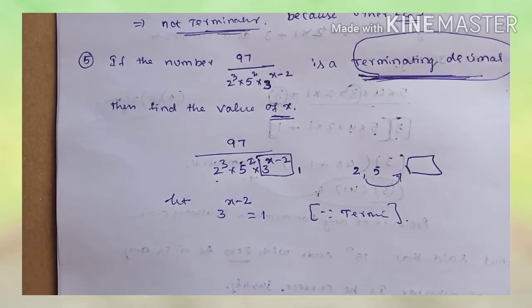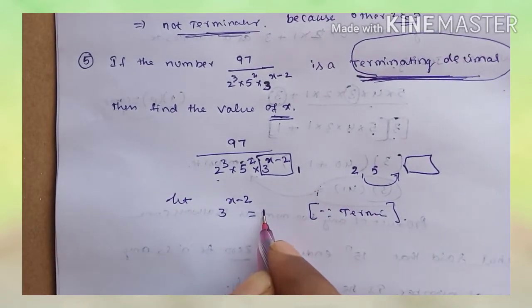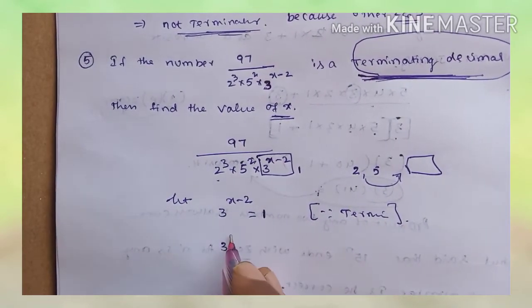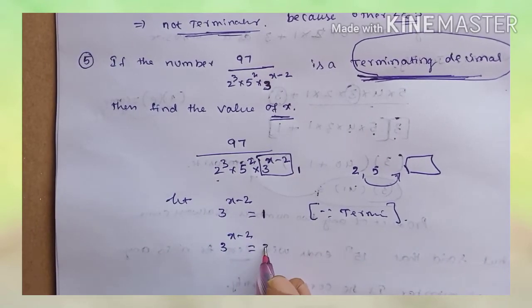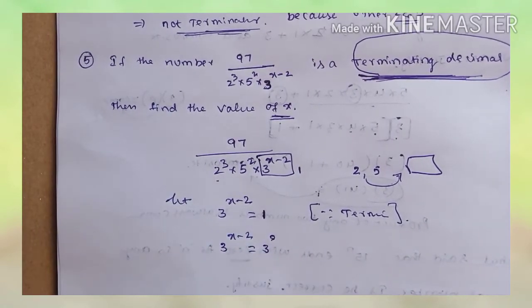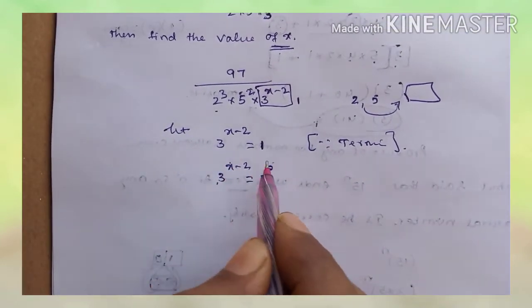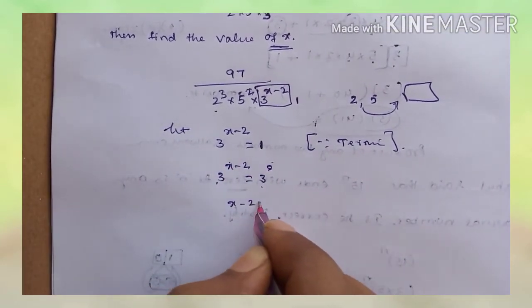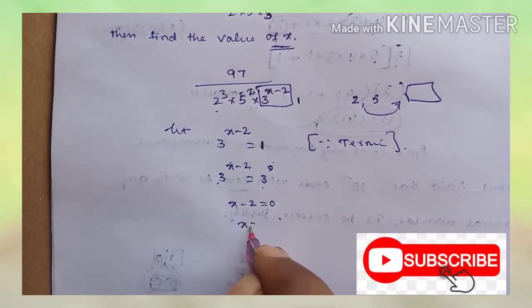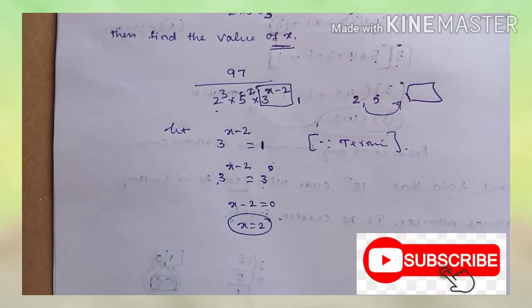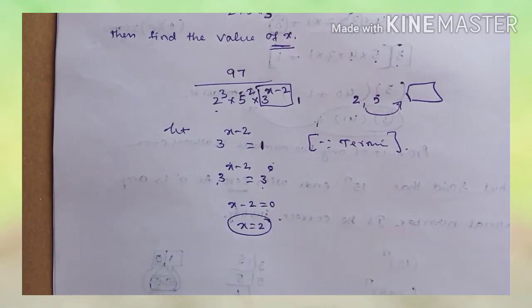Terminating decimal number. Here 1, we can say that 3 to the power x minus 2 is equal to 1. You can write 3 to the power 0. Now if bases are equal, powers also equal, then x minus 2 is equal to 0. Value of x is equal to 2. Okay? Next one.